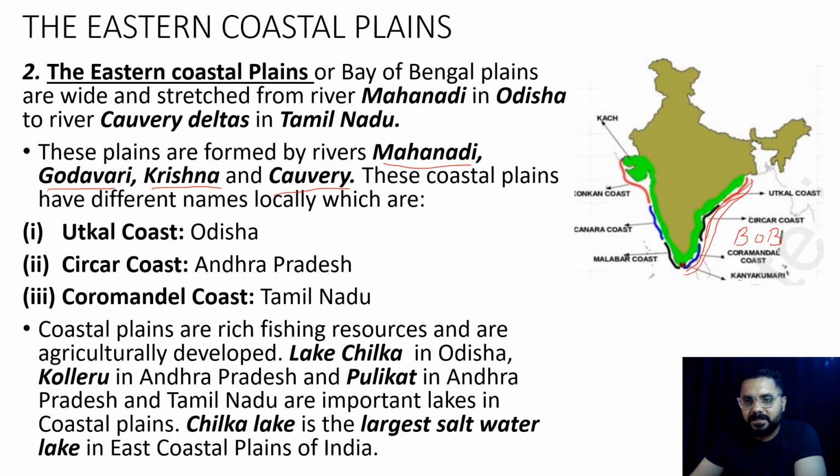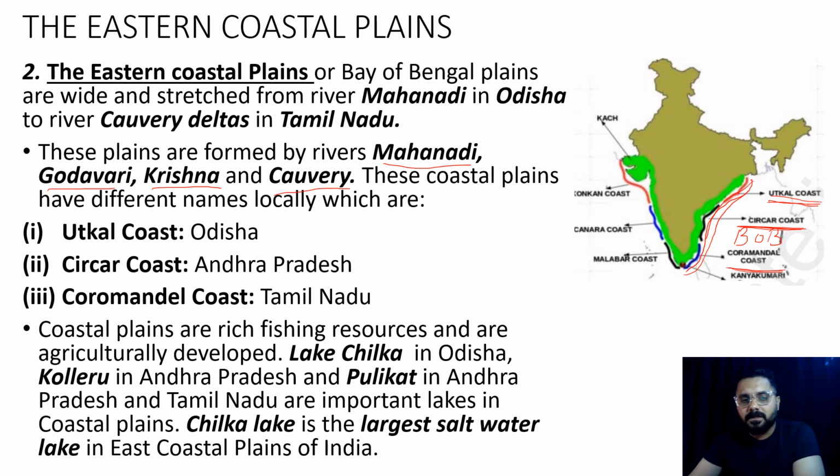In Odisha, these plains are called Utkal Coast, whereas in the state of Andhra Pradesh, these are called Northern Circars, whereas in the state of Tamil Nadu, these plains are called Coromandel Coast. So this is the name-wise classification of the eastern coastal plains.